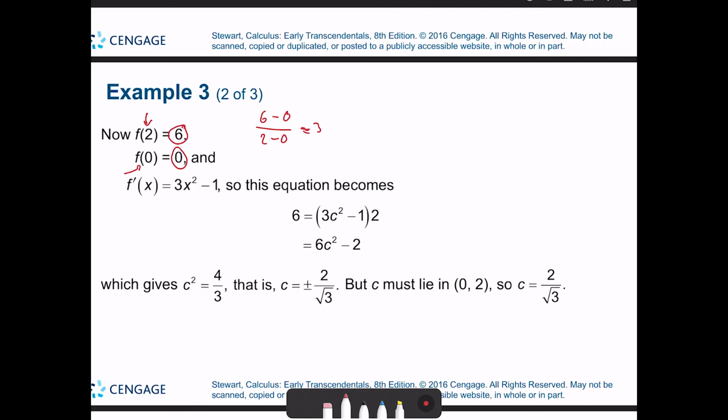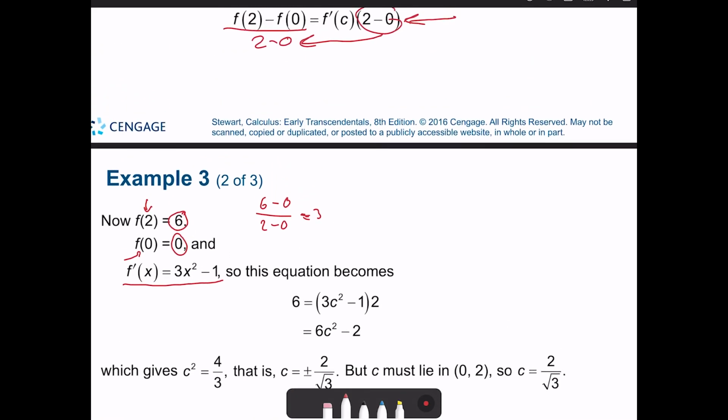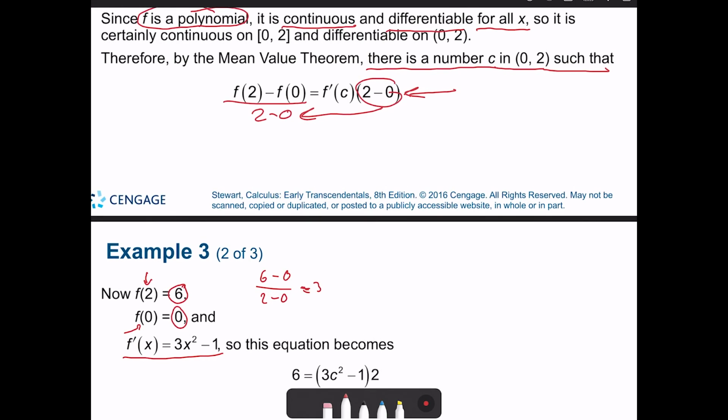Pardon my equal sign there. And we're also going to take the first derivative of the given function, so that ends up being 3x squared minus 1. And when we substitute these values into this equation, y2 minus y1 is 6.